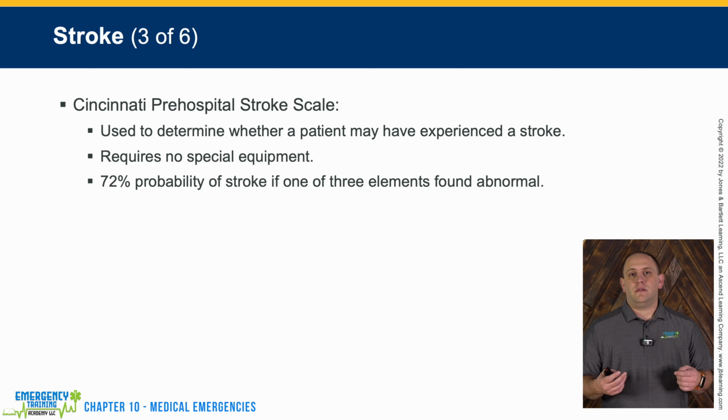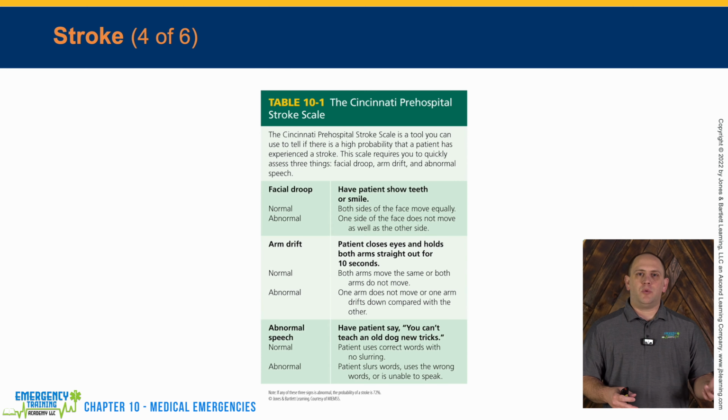There is a 72% probability that the patient is having a stroke if one of the three elements are found. We can look at a table from the textbook helping us explain and understand the Cincinnati Pre-Hospital Stroke Scale. So the first thing we're going to be looking for is facial droop.